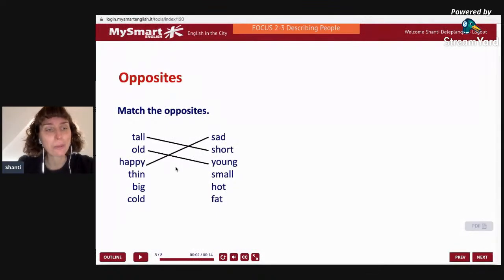What is the opposite of thin? The opposite of thin is, what is it? Yes, fat. Thank you, guys. Very good response. Fat is not really nice to say.